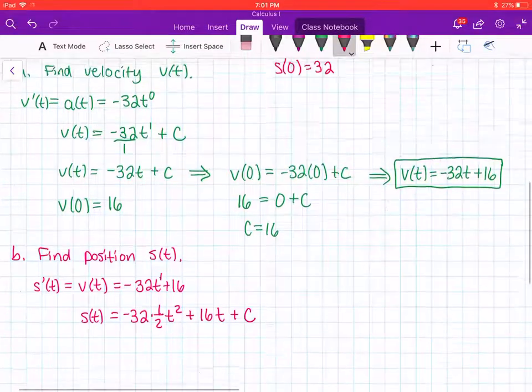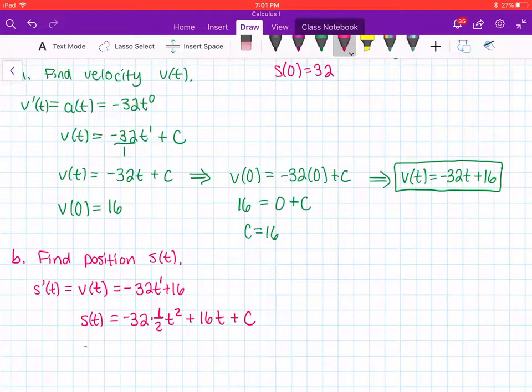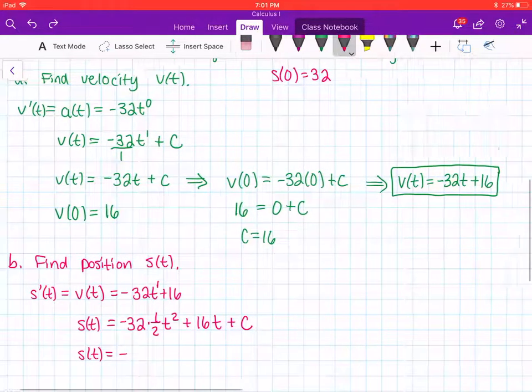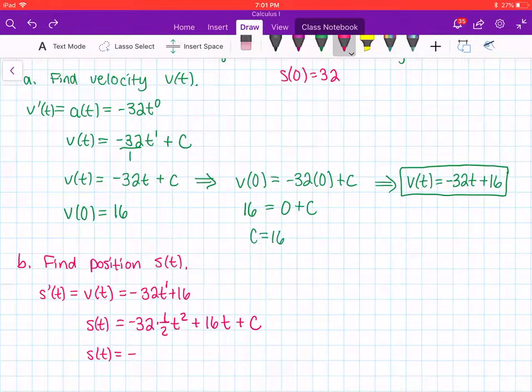Alright, let's clean it up here. So we have s of t equals negative 16t squared plus 16t plus c. And then we know s of 0 is 32. So we substitute in 0. We get negative 16 times 0 squared plus 16 times 0 plus c.